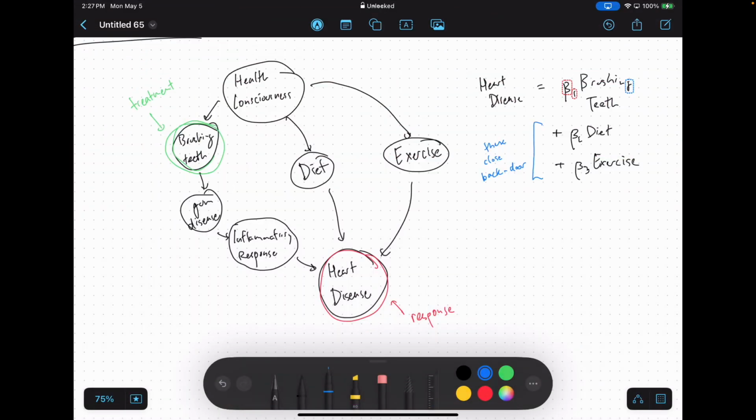Oh, it doesn't have to be that. All that's necessary to close a path is anything along the path starting from your treatment. So anything between treatment and heart disease, any variable that you have data on or have some control over, that's what you would want to use to close the path. And you close paths by controlling for a variable on that path. Yes.